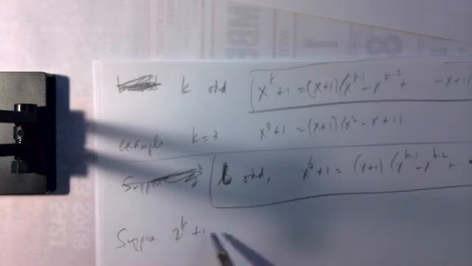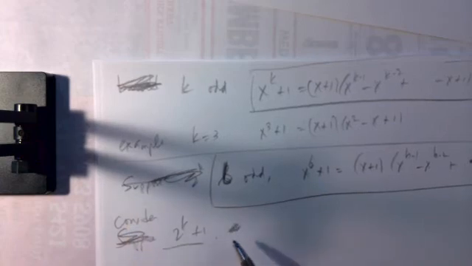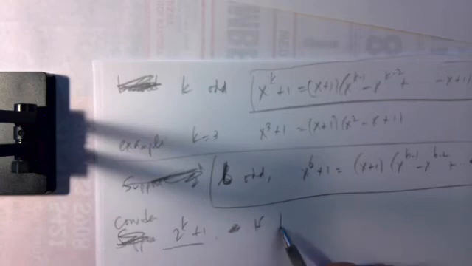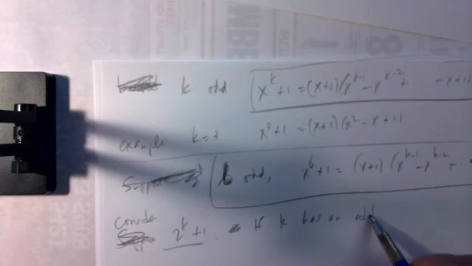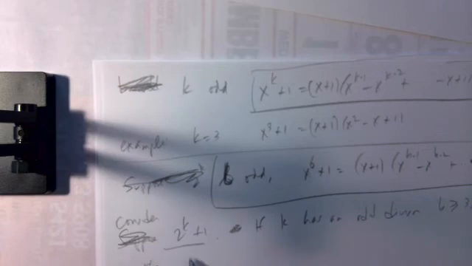So consider 2 to the k plus 1, this integer. If k has an odd factor, an odd divisor b, at least 3, that means k is a times b.